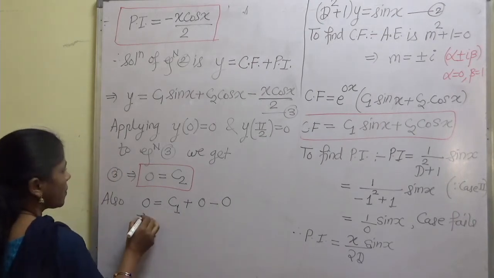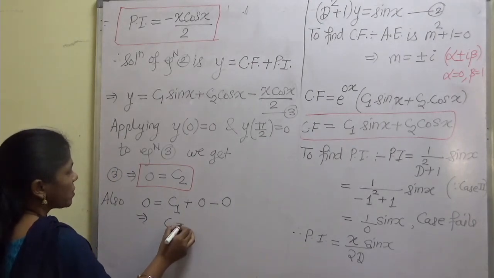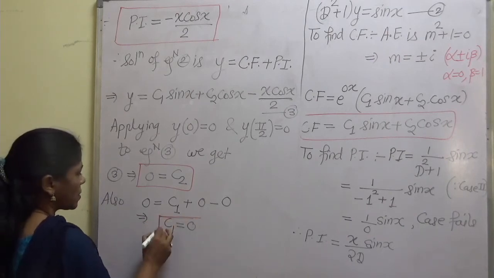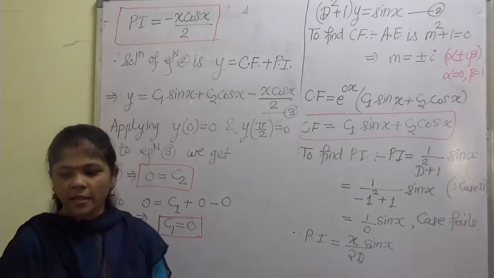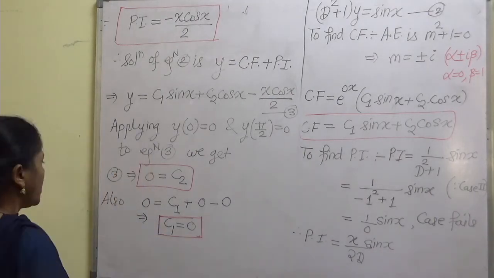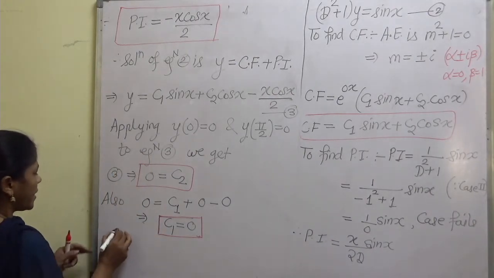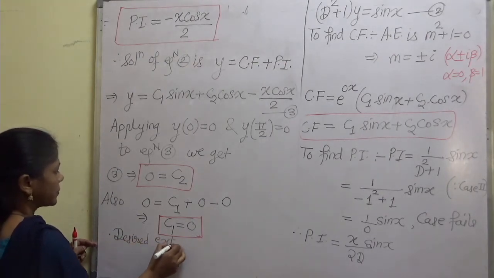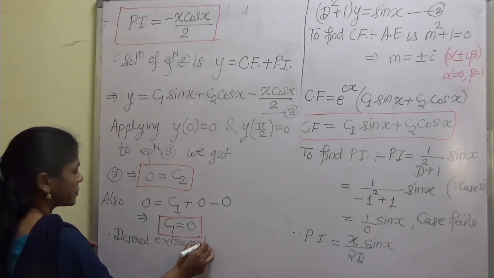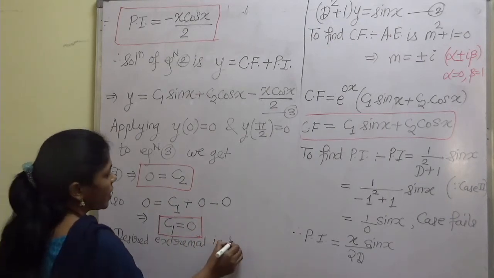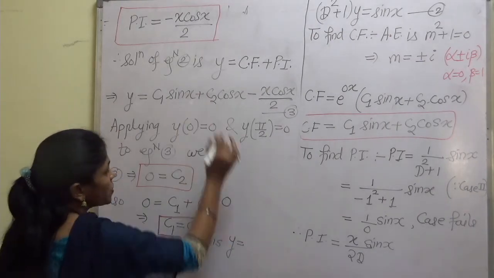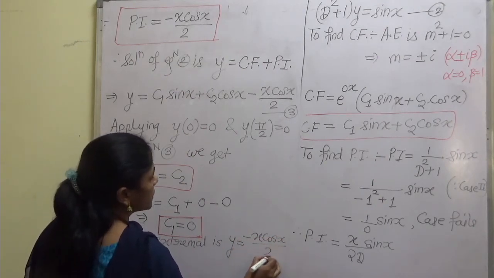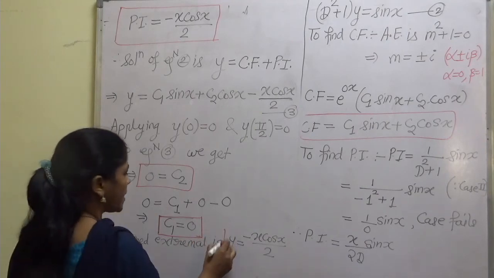So c1 is also 0. Put the values of c1 and c2 in equation 3. Therefore, the desired extremal is y equal to minus x cos x by 2. So this is the desired extremal.